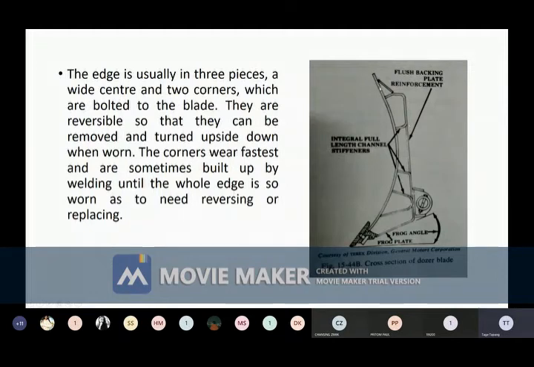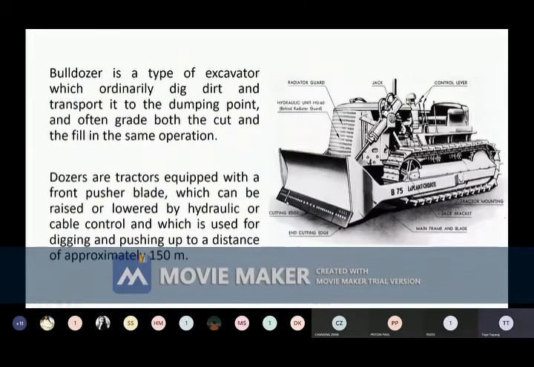But from the front, if you see, it is a concave moldboard. From the back, reinforcement is given in such a way that it is more or less a flat plate. The edge is usually in three pieces, which we will discuss: a wide center and two corners, two edges.